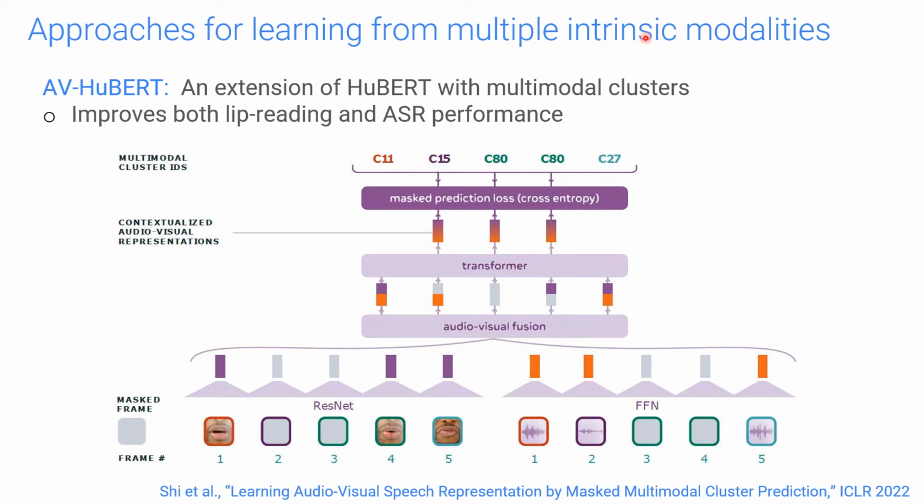I believe that this is the first model to apply recent self-supervised learning ideas to these intrinsic modalities of audio-visual speech, and it seems quite promising in that it produces large improvements in performance in both lip reading and speech recognition.